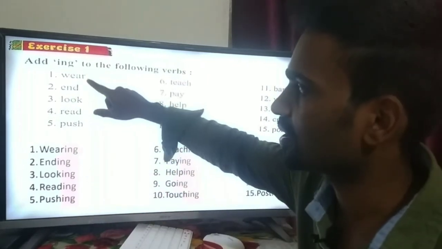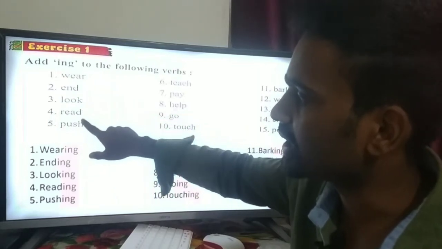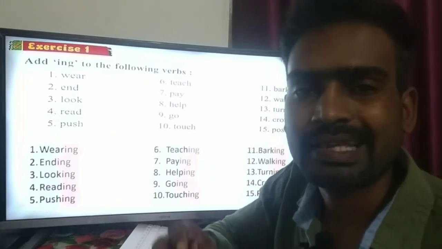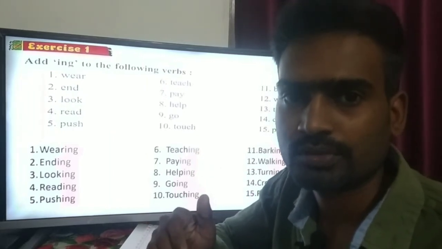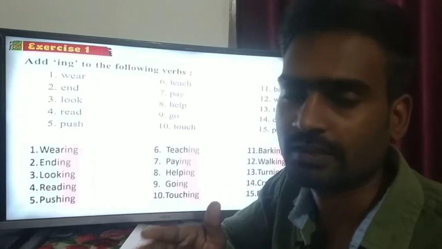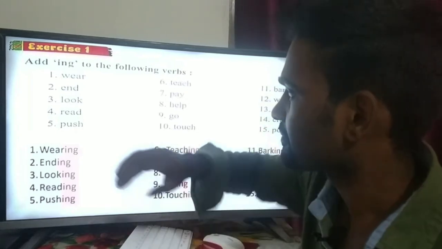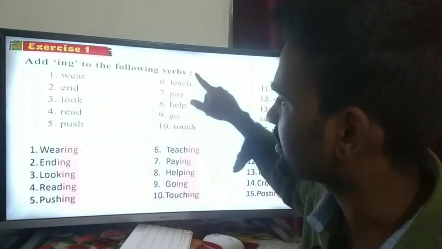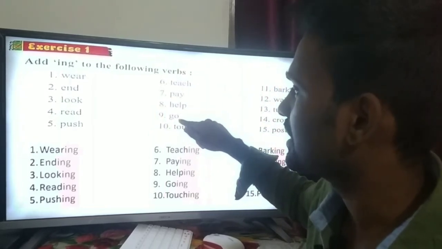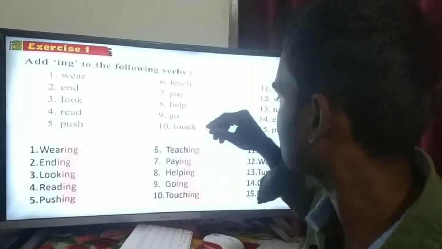Dear children, why do we simply add ing? Because all these verbs end with consonants. We have already learned the vowels, right? A, E, I, O, U. Most of the rules and regulations are based on the vowels. Here all these verbs end with consonants, and the rule is based on the pronunciation.